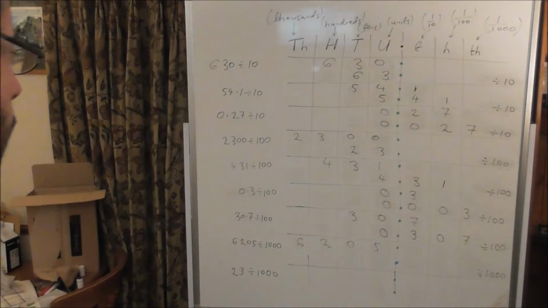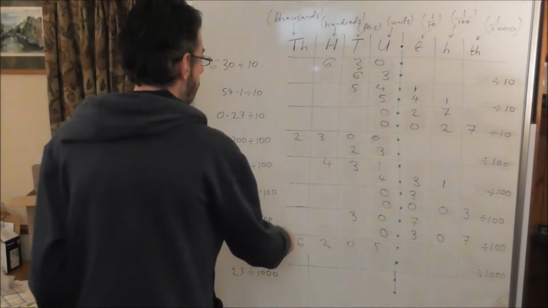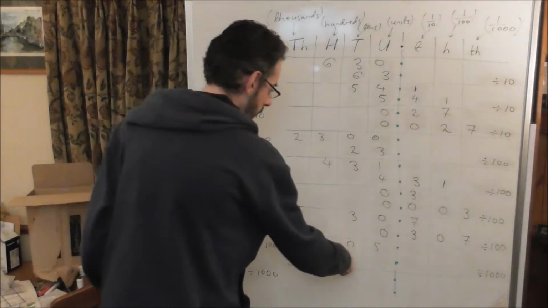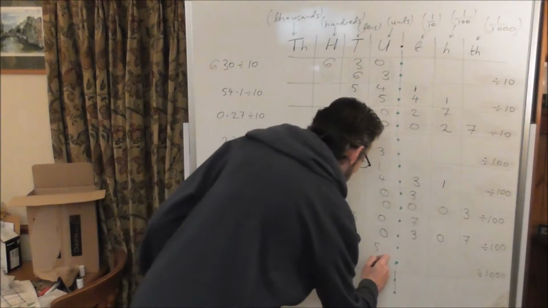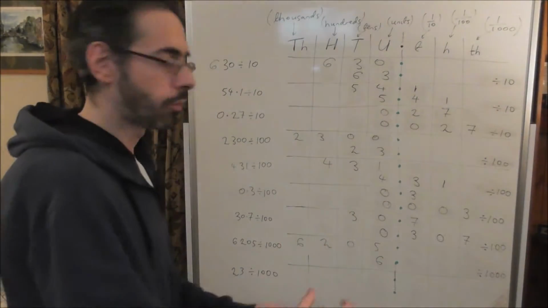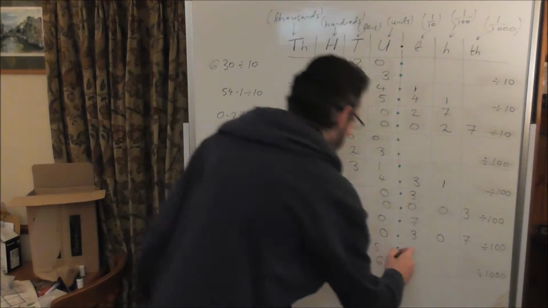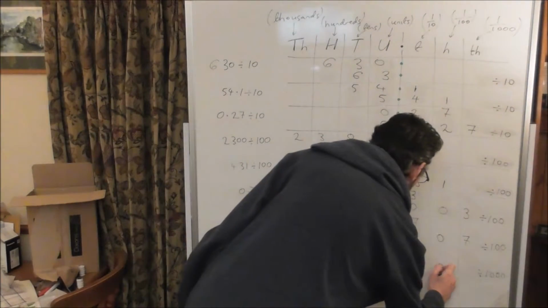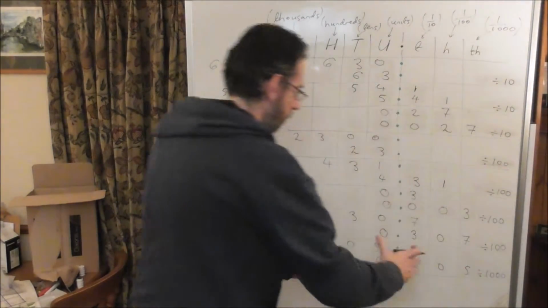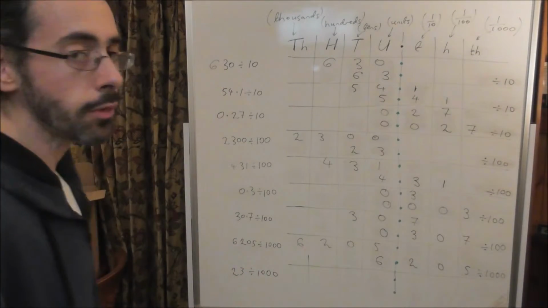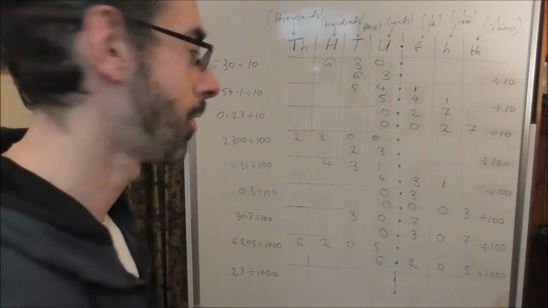So let's move the digits 3 places to the right. The 6 is going to move from the thousands column, 1, 2, 3, to the units column. And all the other digits are going to move 3 places with it. So the 2 here, the 0 here, and the 5 here. Everything's going to move down together. So the answer is 6.205.